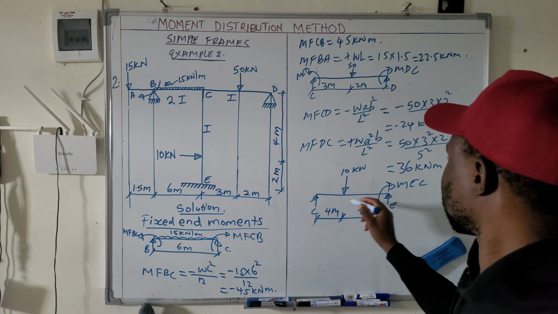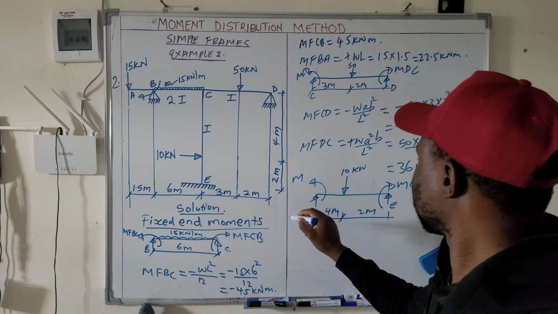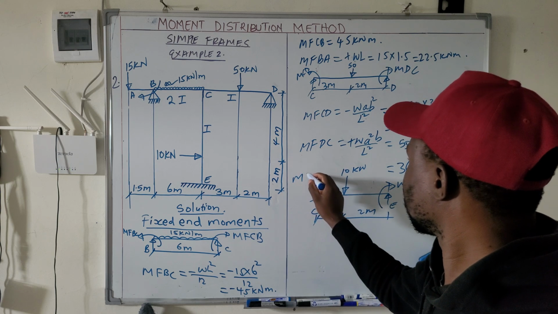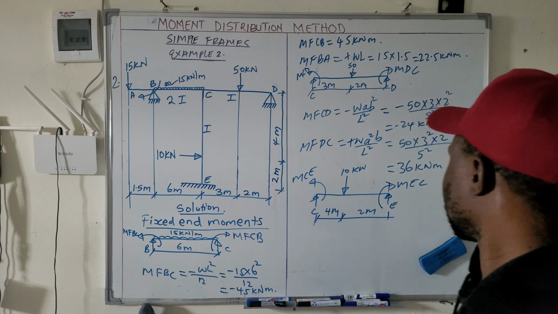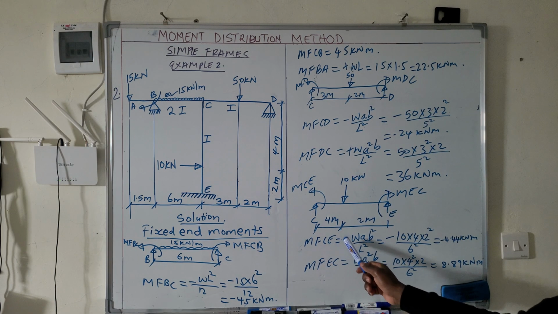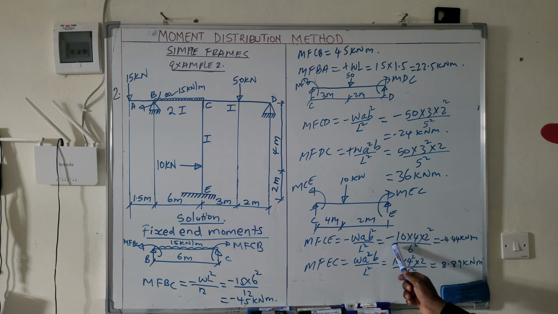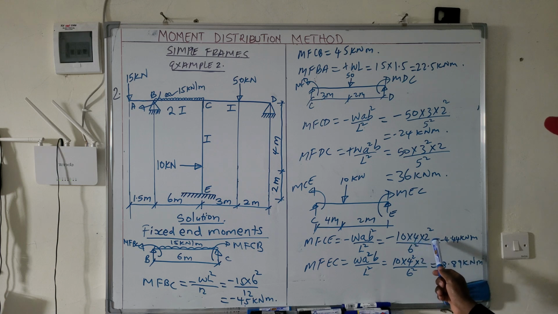So MFCE is equal to this one, minus WAB square over L square, which is equal to minus 10 times 4 times 2 square over 6 square. You get negative 4.44 kilonewton meter.